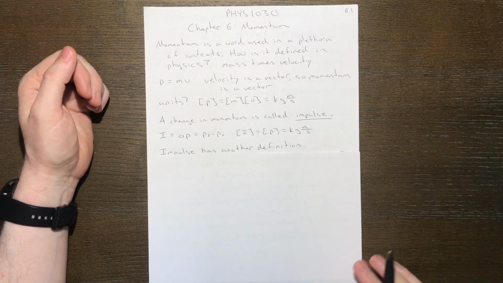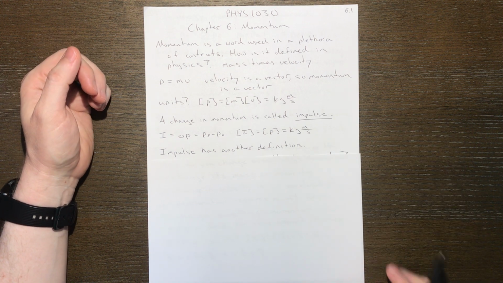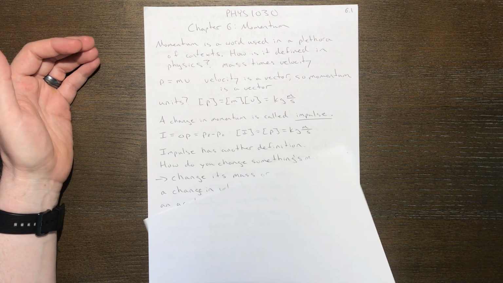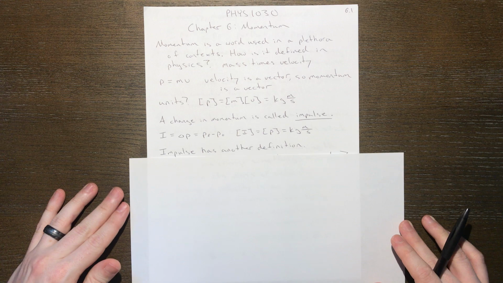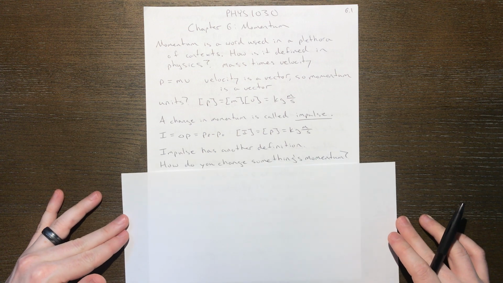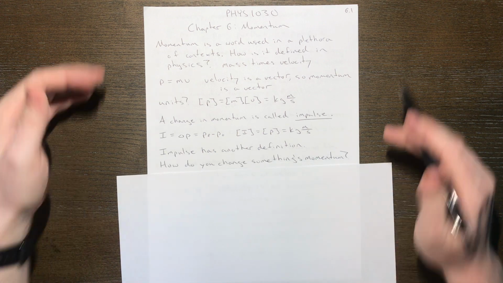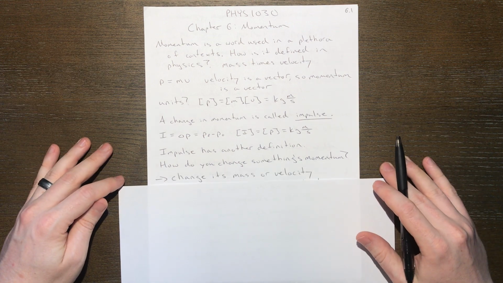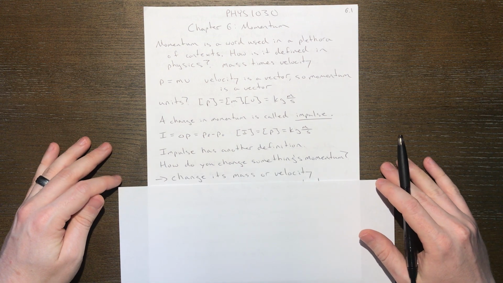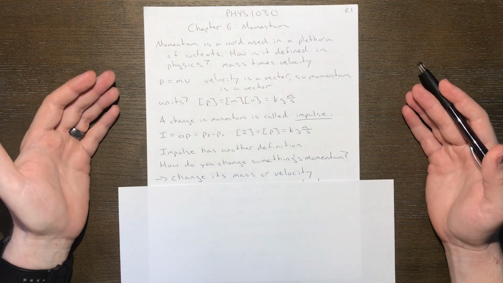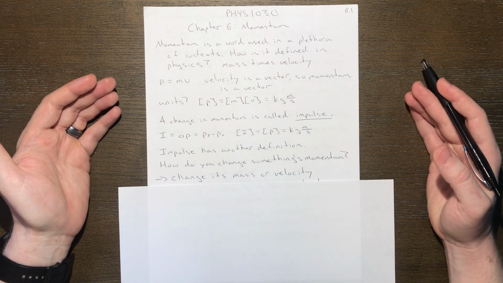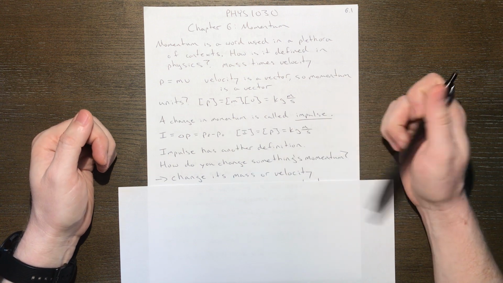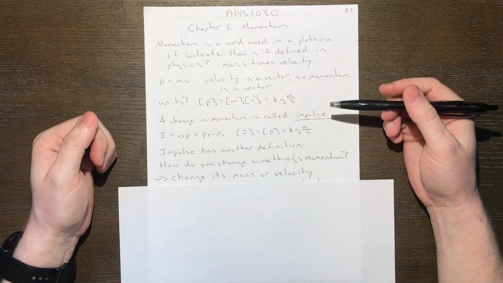But impulse also has another definition. So we've said that a change in momentum is an impulse. Well, let's ask the question then, how do you change something's momentum? Well, it's defined by mass times velocity, so you either have to change its mass or change its velocity. Now, while it is possible to change something's mass, it's not a very common situation.